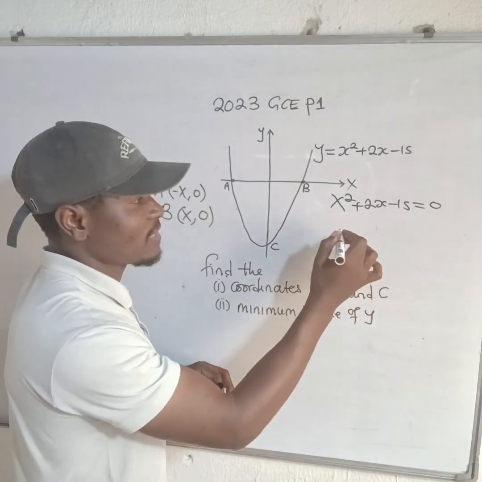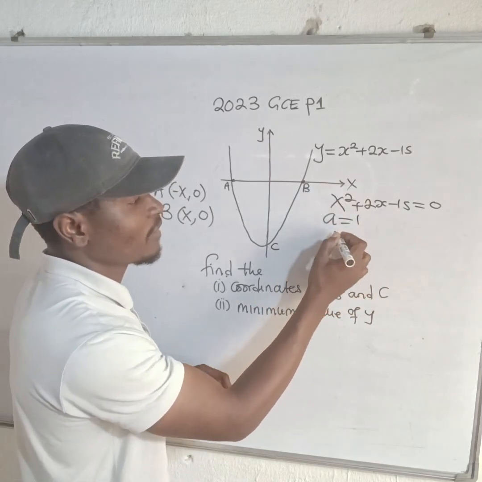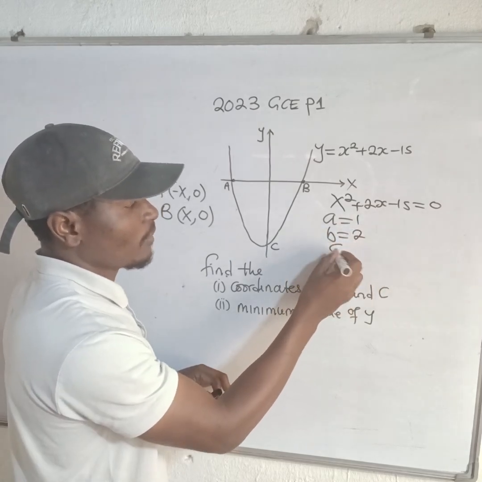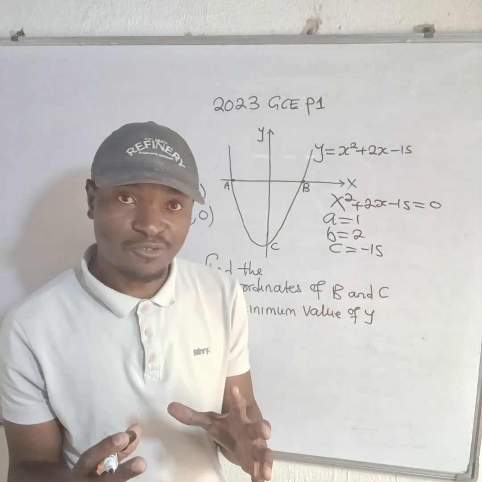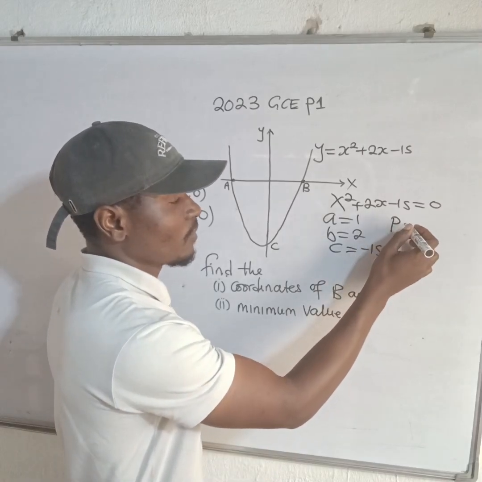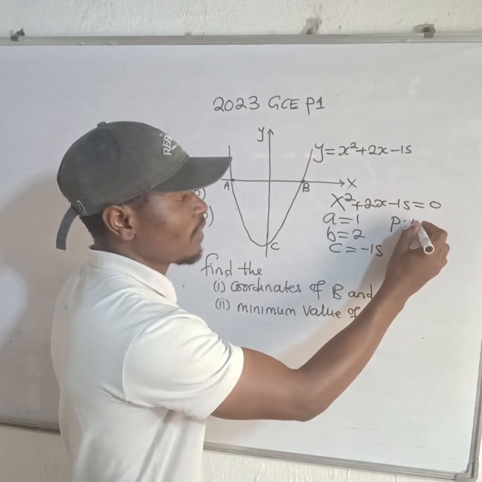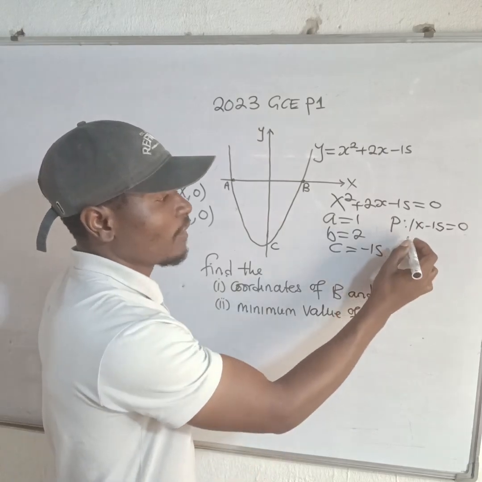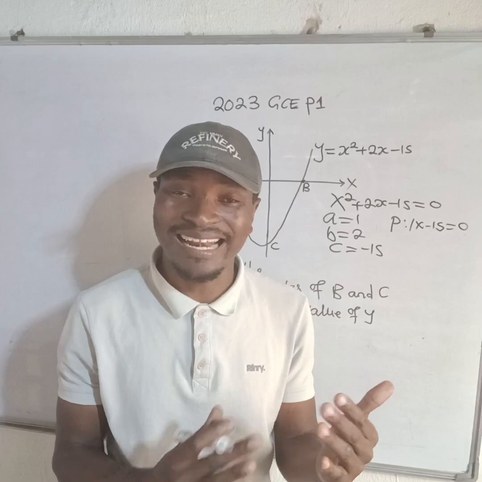We know that the coefficient of x squared is 1, the coefficient of x is 2, and the constant is negative 15. Now all you have to do is find the product, which is a times c, 1 times negative 15, giving negative 15. Then think of two numbers that multiply together to give negative 15.